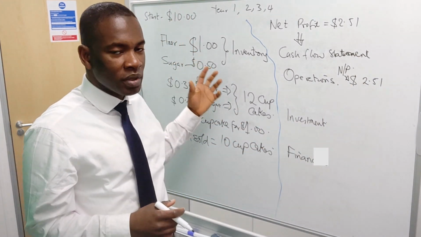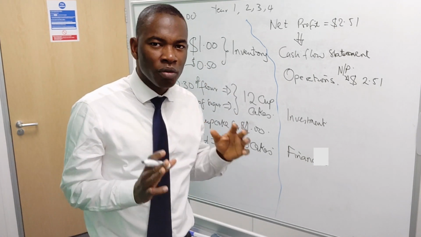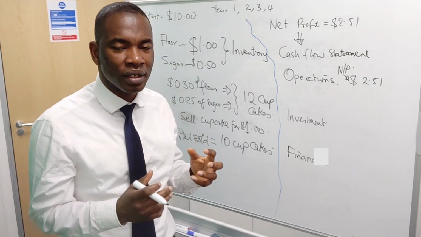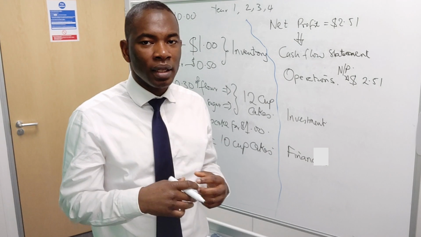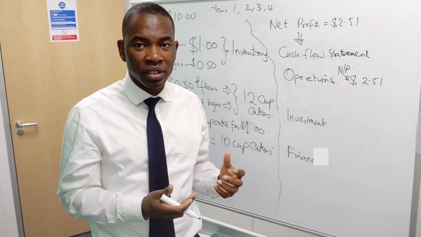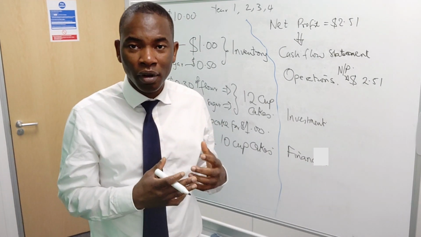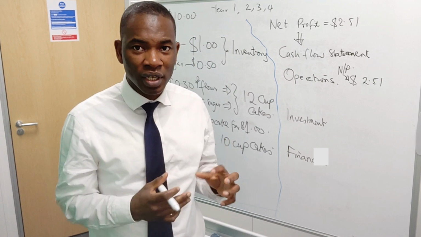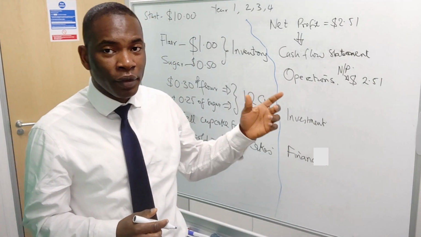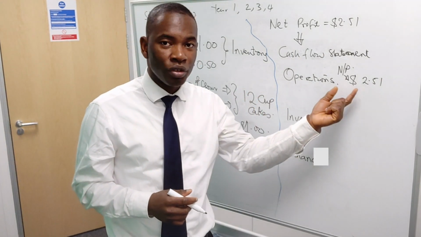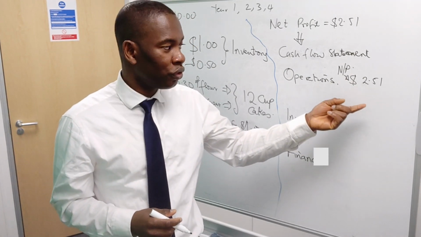In our income statement of yesterday, it was so basic that I decided not to put in things like depreciation, amortization, and charges for recognizing losses. But if you did, this is where you need to add those things back.